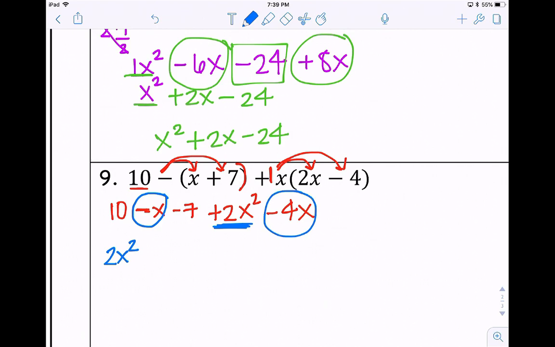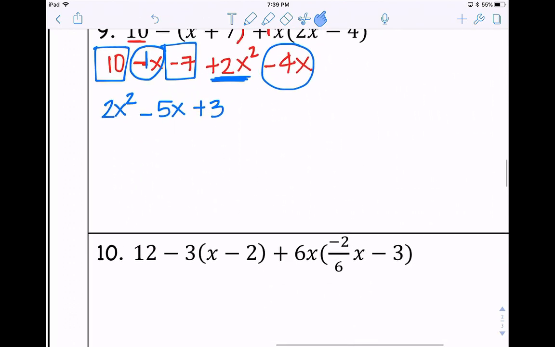So that's like negative 1 minus 4. So negative 1 minus 4 more would be negative 5x. And then the last thing is going to be my constants. I have 10 minus 7. So 10 minus 7 is just positive 3. So my final simplified answer for that one is 2x squared minus 5x plus 3.